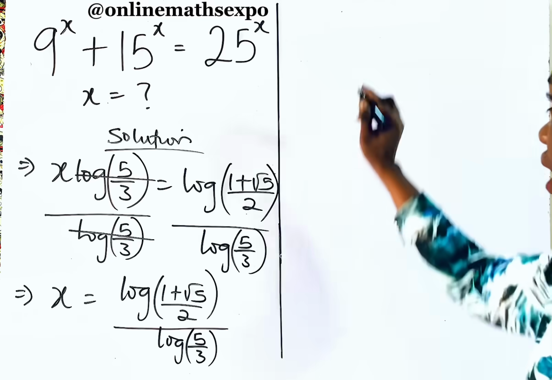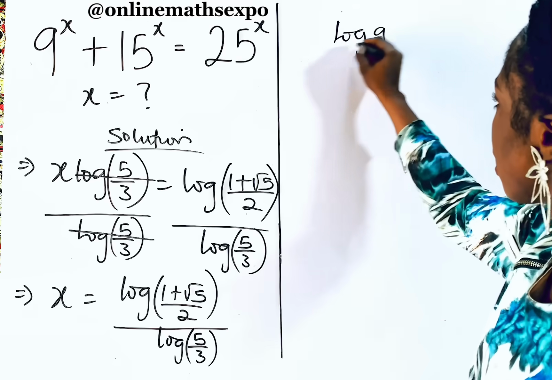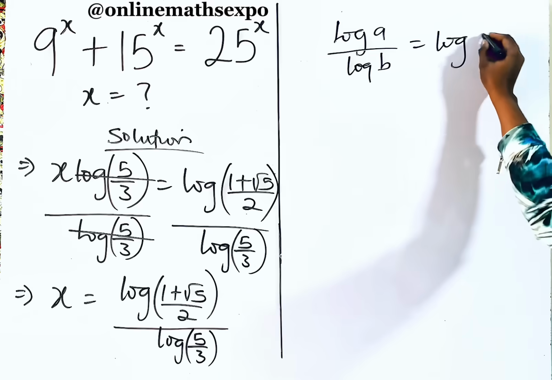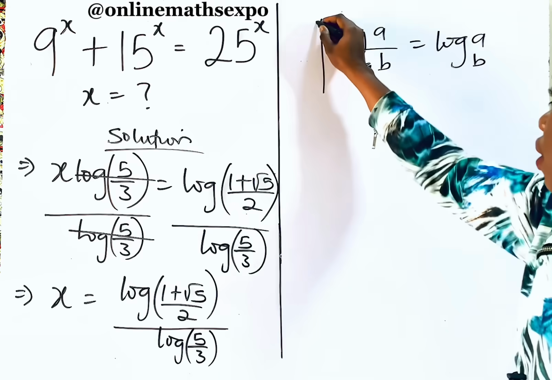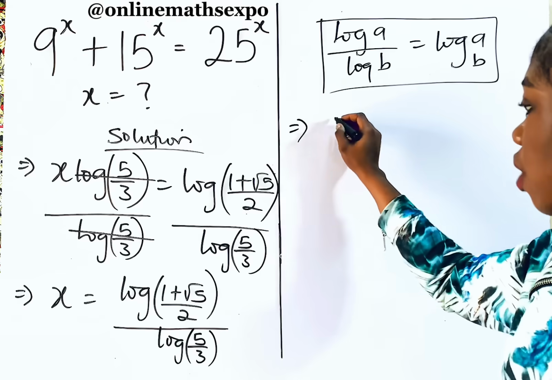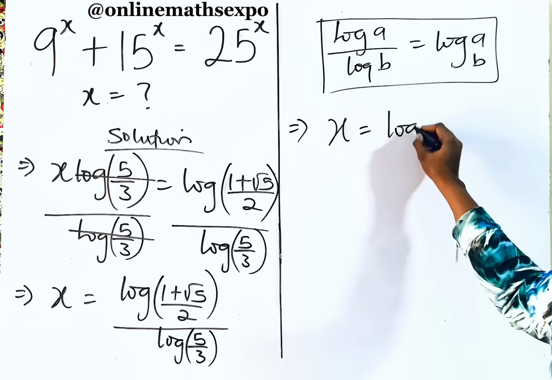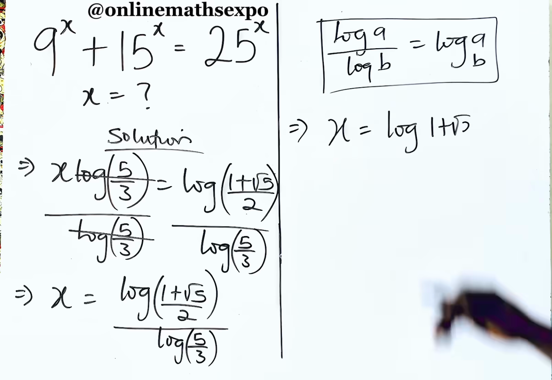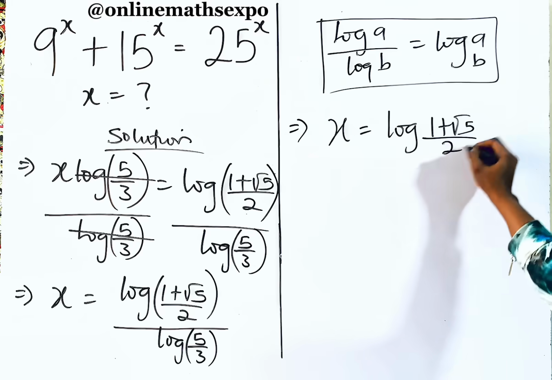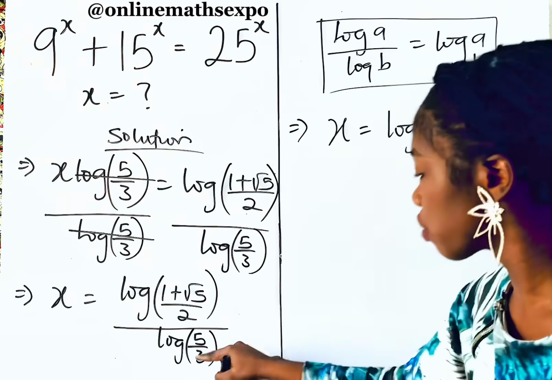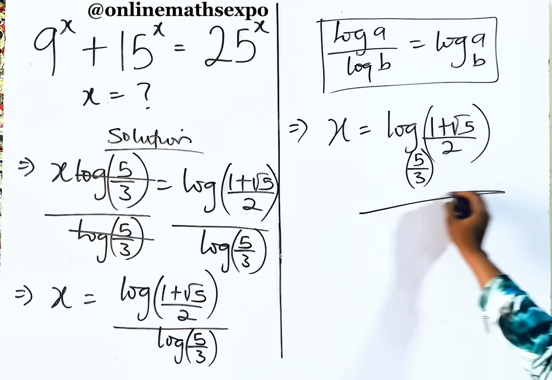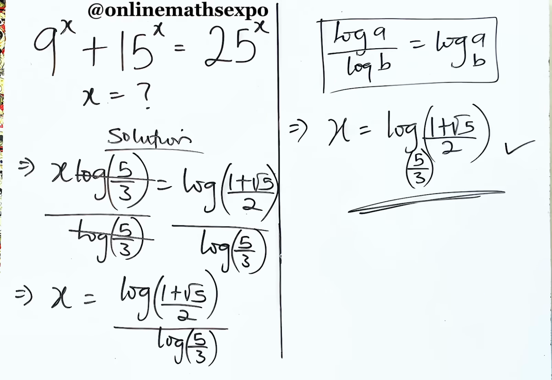Just note this, that for every log of A divided by log of B, it is log of A base B, okay? So let's use this to simplify this answer. So we're going to have x is equal to log of 1 plus root 5 divided by 2, then 5 on 3 becomes the base. So this gives us the value of x.